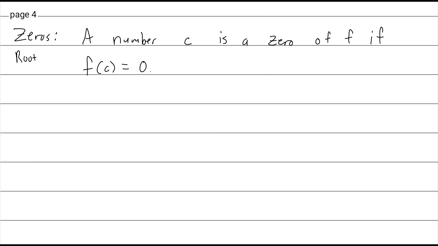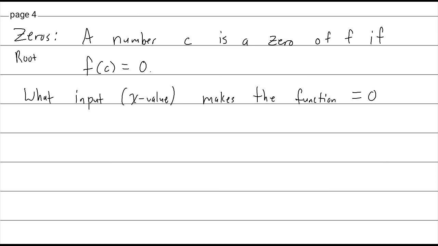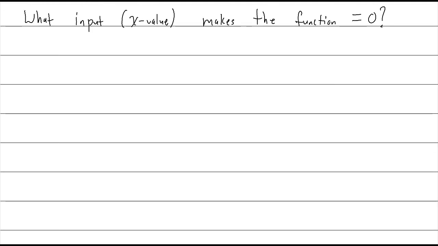In other words, you are looking for the x value, what input or x value makes the function or the equation equal 0. That's what you're looking for. So, for example, I want to find the 0 of this function.